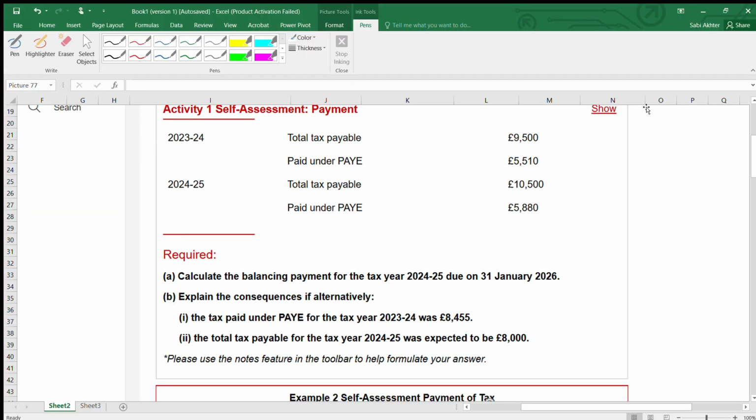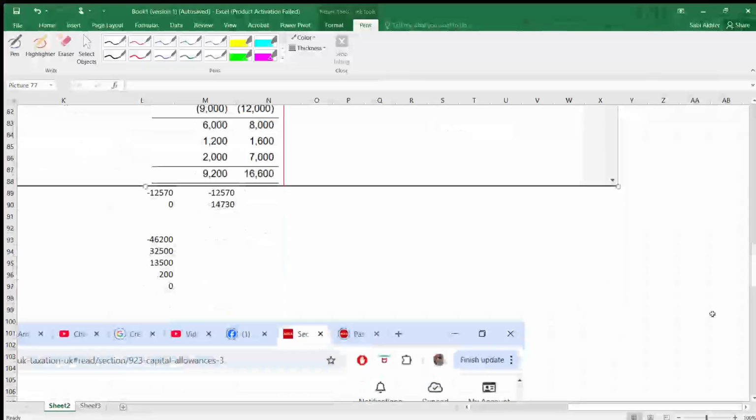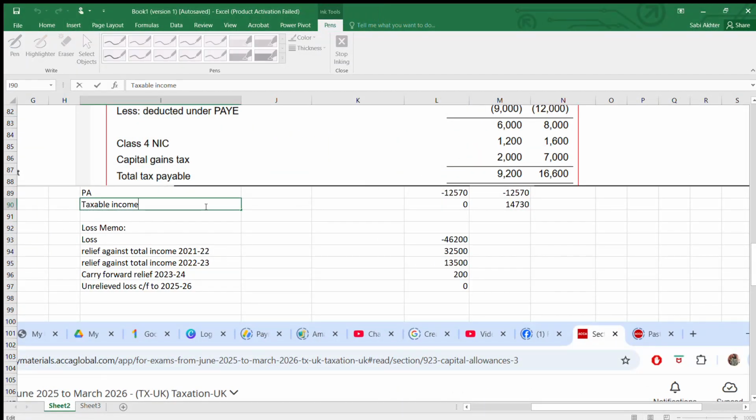So let us do activity 1. Let us calculate the balancing payment. First, you need your total tax payable, that is 10,500 here. Always mention the tax year. 10,500.